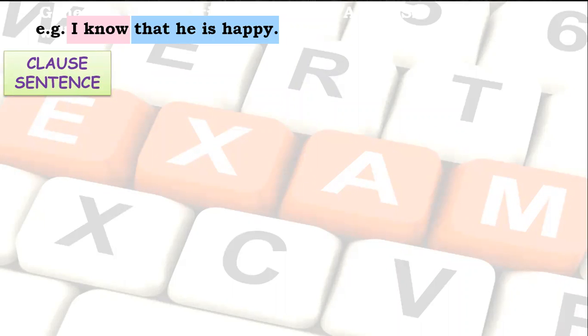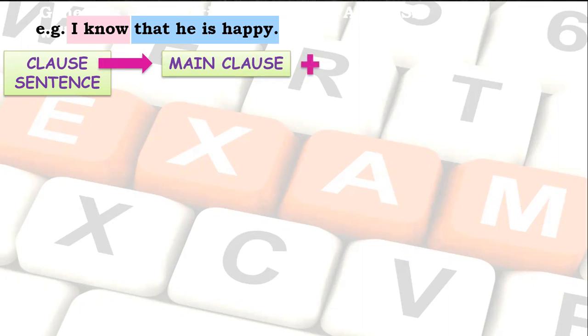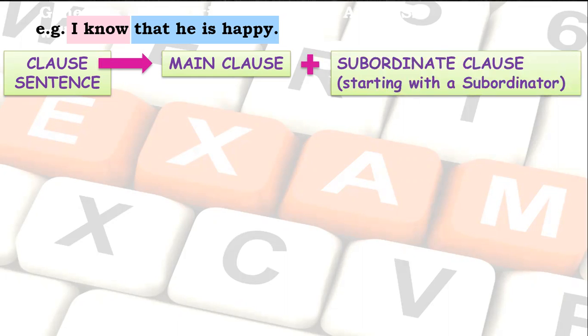In any sentence, we have two different types of clauses. Which ones? The first one is the main clause, while the second one is your subordinate clause. But how to remember a subordinate clause? Well, a subordinate clause always starts with a conjunction.